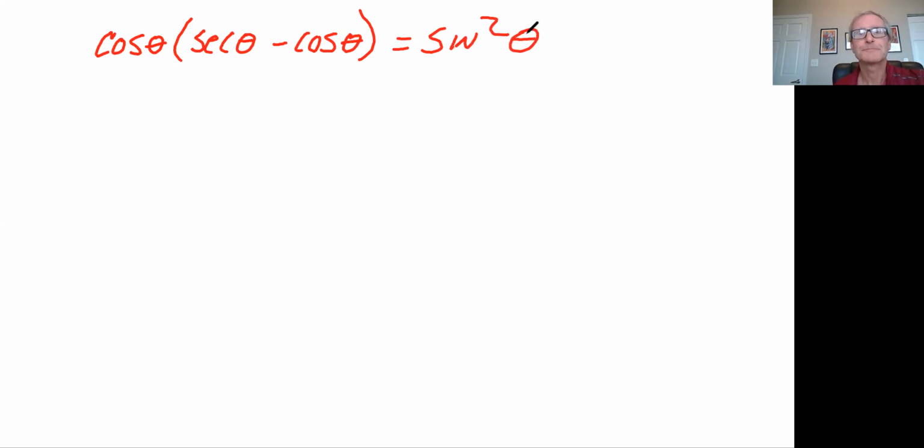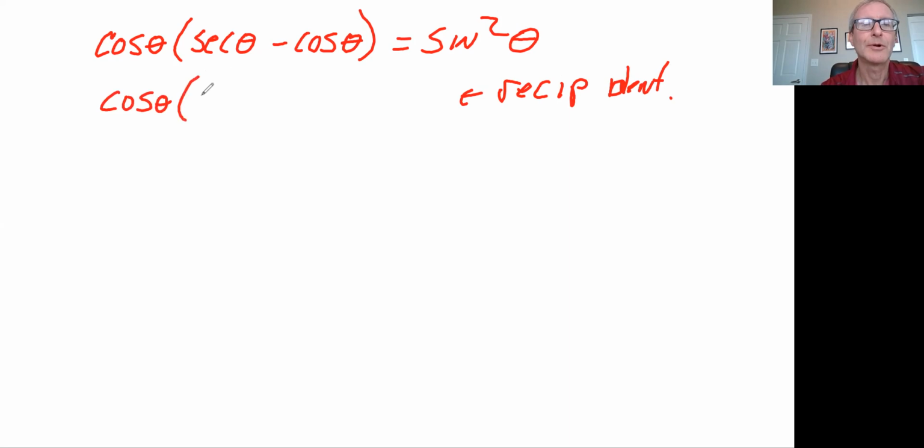So what to do? Well, the first thing I would do is get rid of secant. That's the reciprocal idea, right? Reciprocal identities. You plug in 1 over cosine minus cosine of theta.